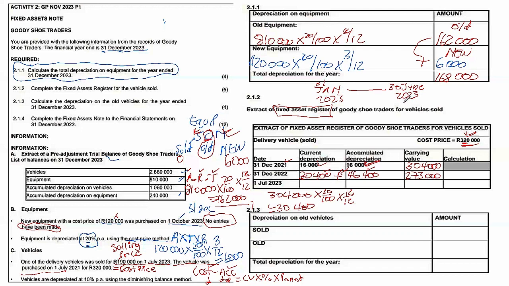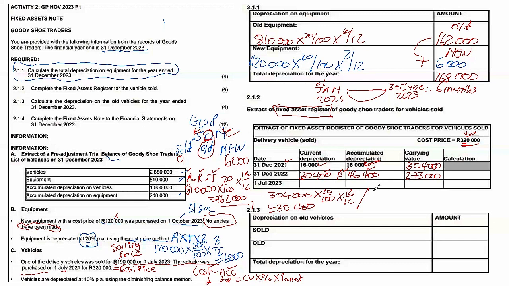That means that asset is no longer there. So from January up until June, it's how many months? It's 6 months, right? So to calculate your depreciation for July 2023, you will do the following calculation.